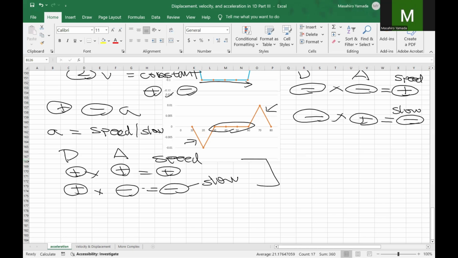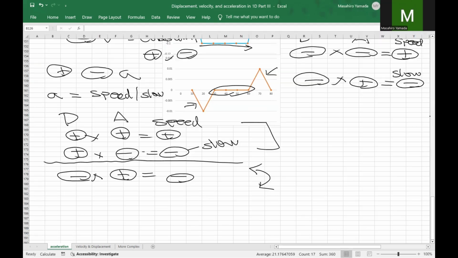So when it comes to the positive direction, it's very intuitive. Positive means speeding up, negative means slowing down. However, when the object is going in the negative direction, you have to flip the interpretation of the sign of the acceleration. If the acceleration is positive when the direction is negative, it's slowing down. If the direction is negative and acceleration is negative, negative times negative gives you a positive sign, which means speeding up.